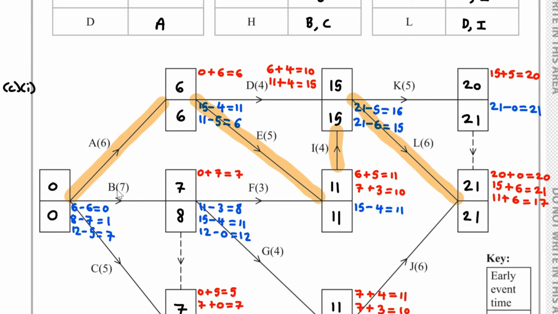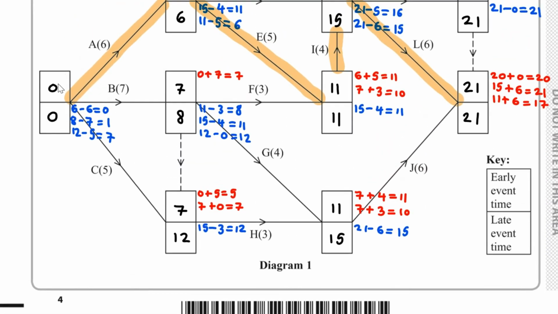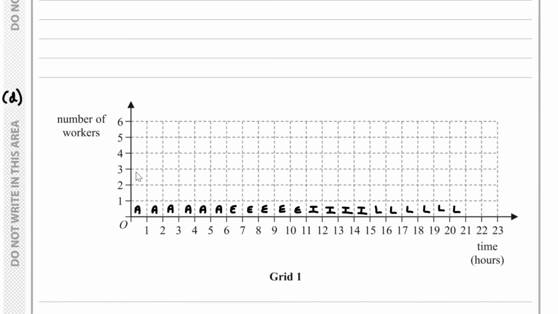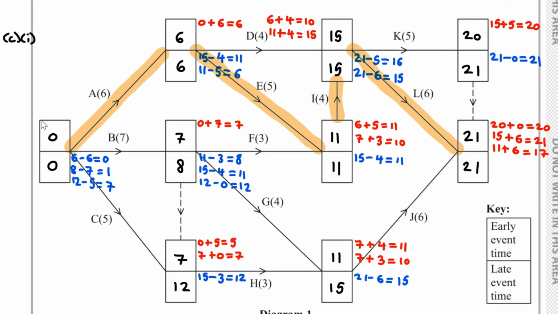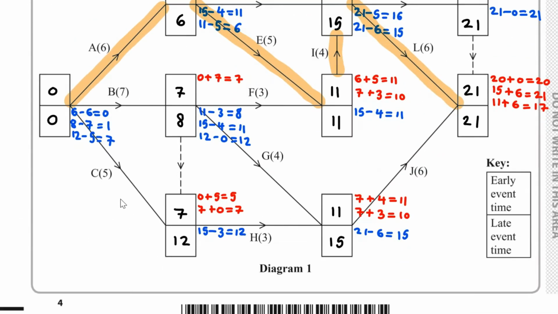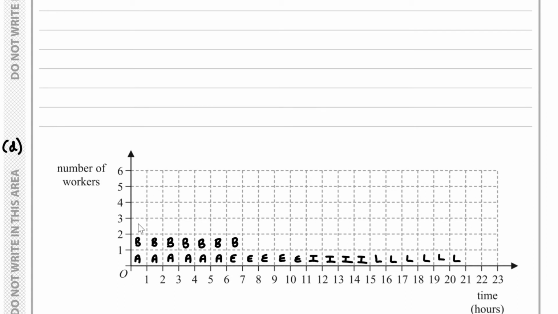Let's now take a look at B. This has duration 7, and we start off at 0. So we have B over here. So let's just show this. It has a duration of 7. And if we take a look at C, it starts off at 0, has duration 5. So C goes here.